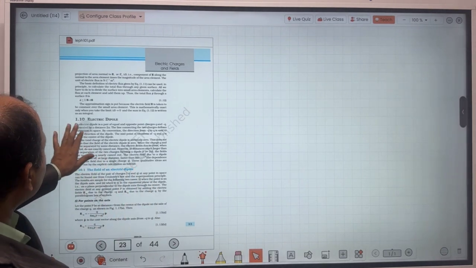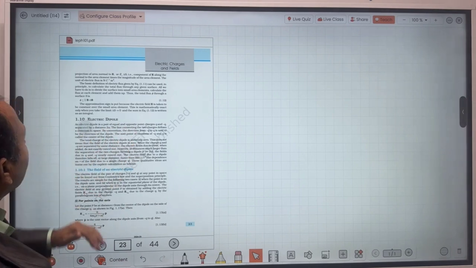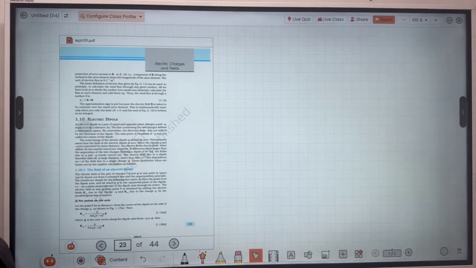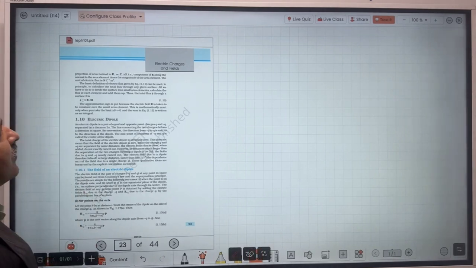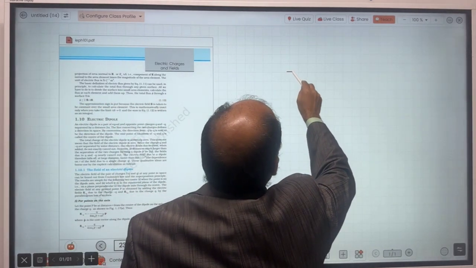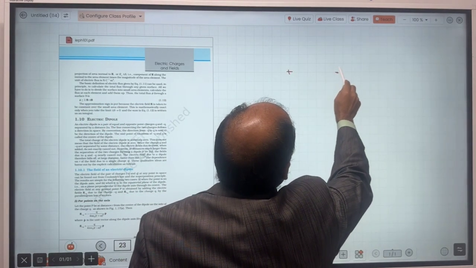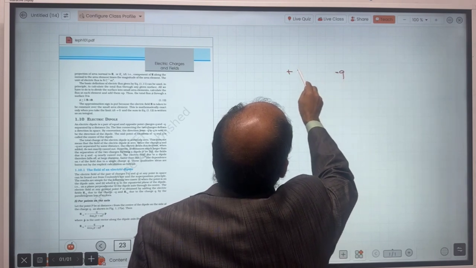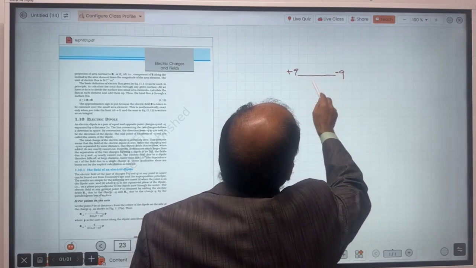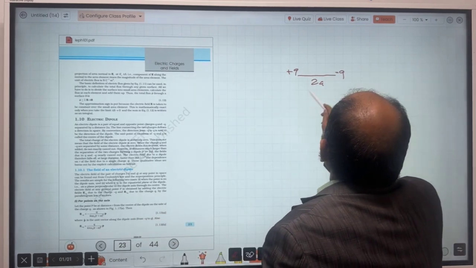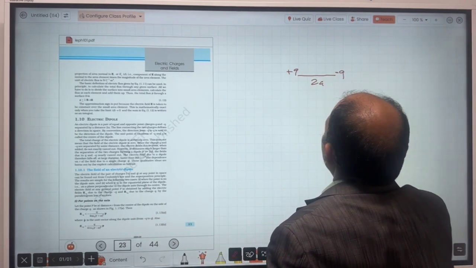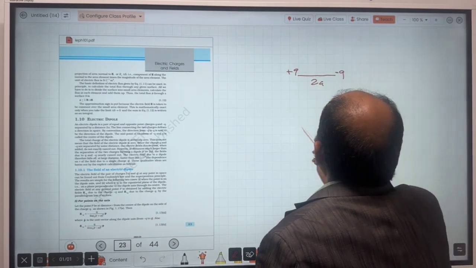First of all, let's consider the concept given here, that is electric dipole. So what is an electric dipole? In an electric dipole, there is a positive charge and a negative charge, say plus Q and minus Q, with a certain separation. The charges must be equal and opposite.